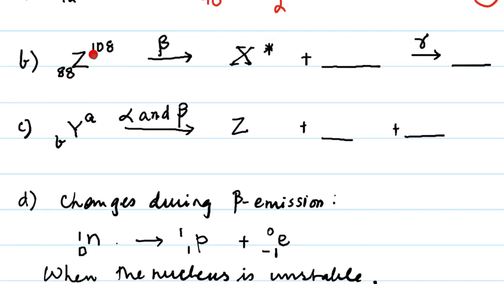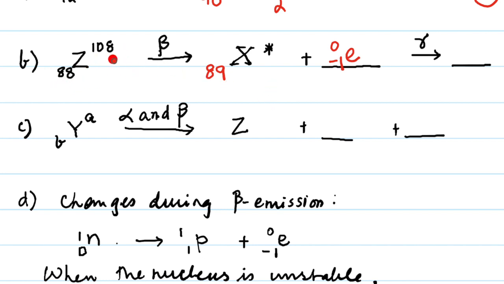Now Z 108 88 is emitting a beta particle. So beta particle means here there will be an electron, which will be 0, minus 1. So this 88 is going to be this minus 1, which means it is going to be 89. Remember, in beta emission, the atomic number increases by 1.